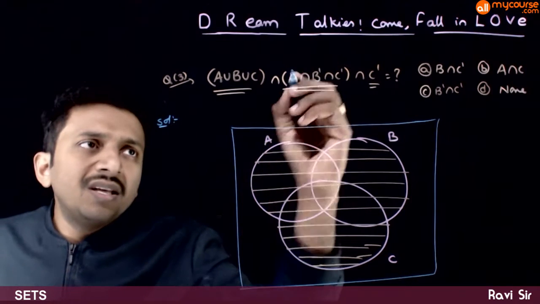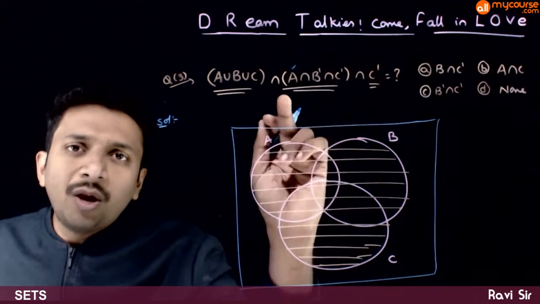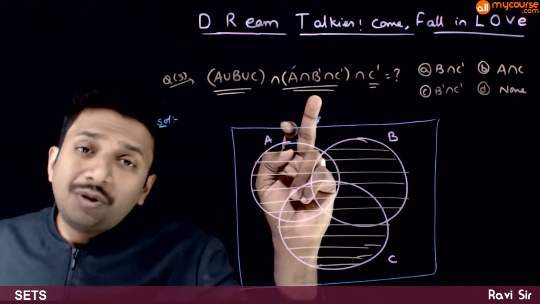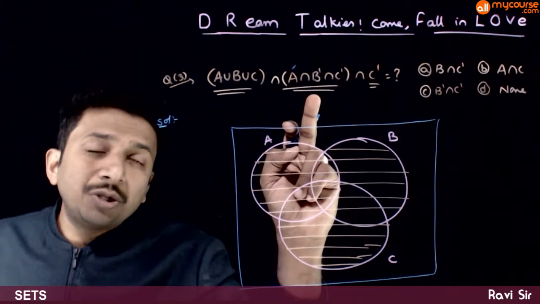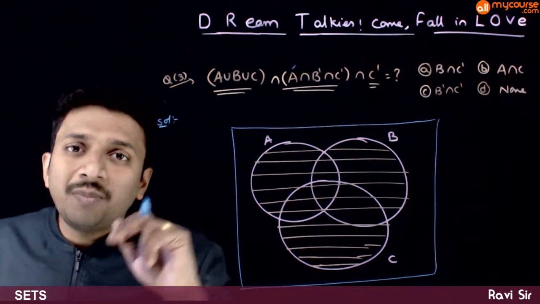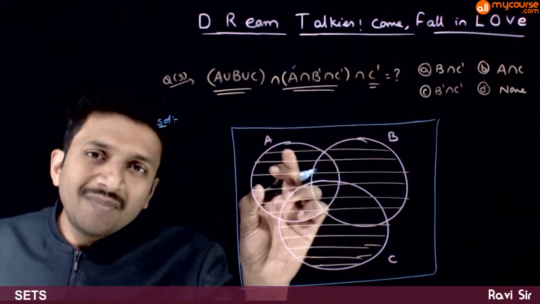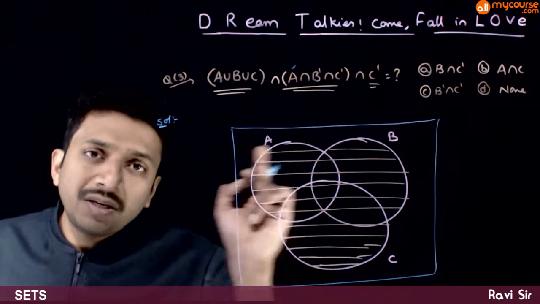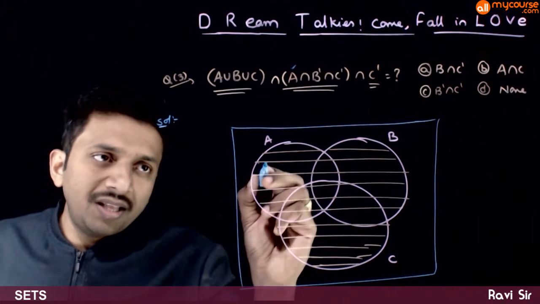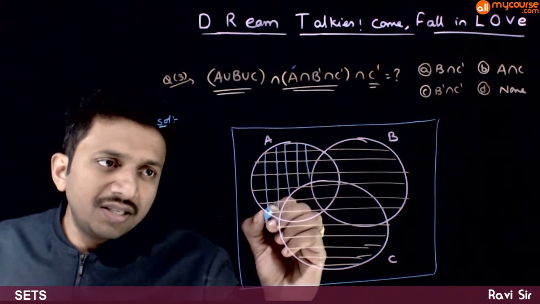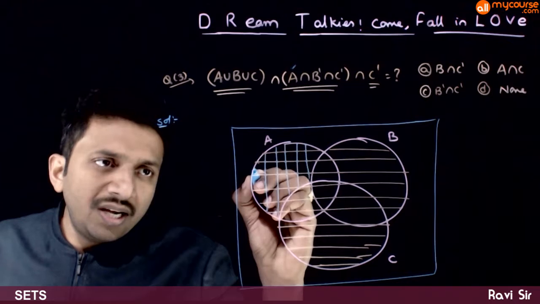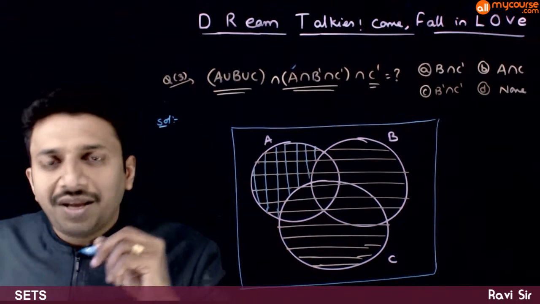What does this mean? The elements have to belong to A and they should not belong to B and they should not belong to C. So what are the elements in A which are neither belonging to B nor belonging to C? That is this region, right? This is the region which is belonging only to A but not to B and C.